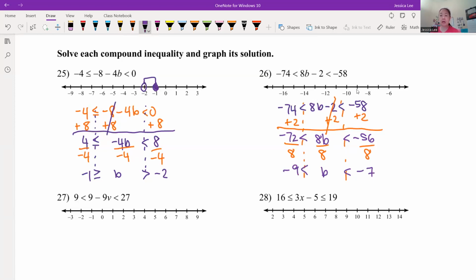All right, so we've got -9, and it's open circle for both. So -9, we got -7. We know that it's somewhere in between. So do you see how b is literally in between -9 and -7? That's what it's going to be. Notice these are called ands. So there are 2 kinds. We have ands and then we have ors. Ors look like this.